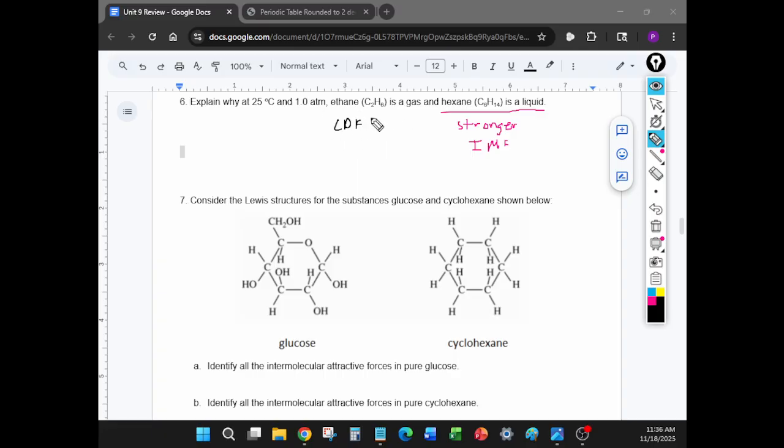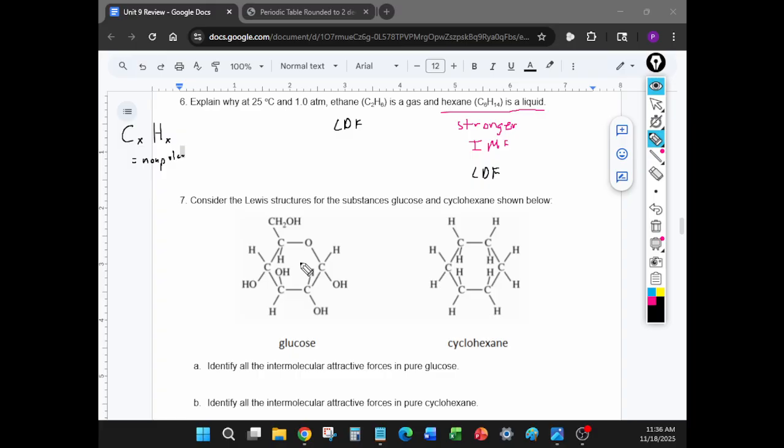Okay, so London dispersion. What about hexane? What does hexane experience? Yeah, same thing. Does it experience anything else? No, it is non-polar. Any hydrocarbon, anything made out of hydrogen and carbon only, will always be non-polar. So that means they both only have London dispersion forces, but hexane is stronger.